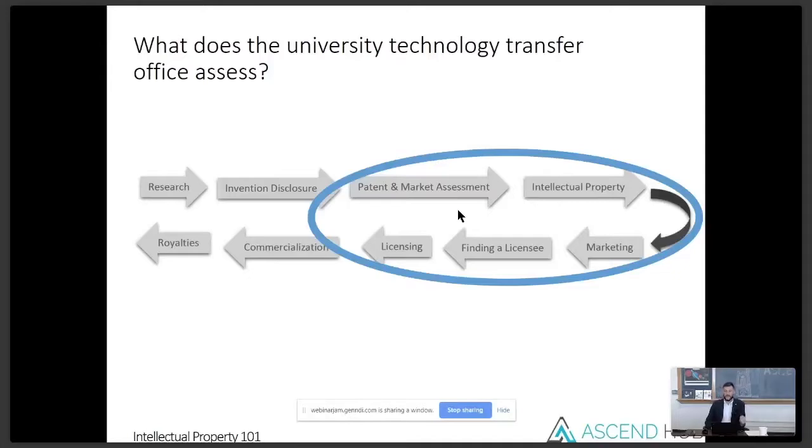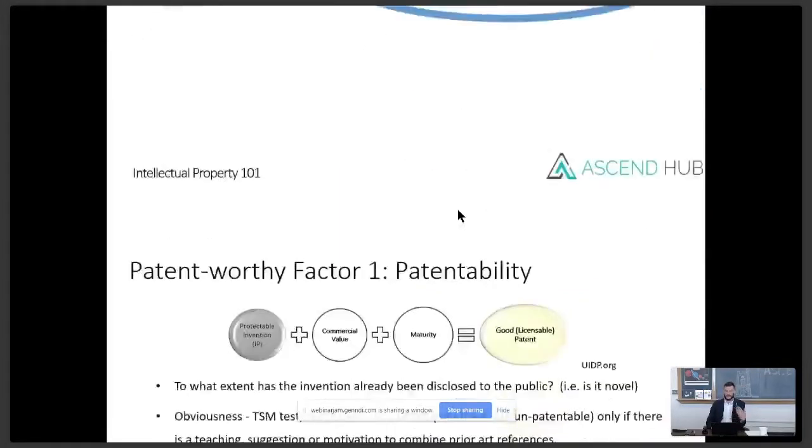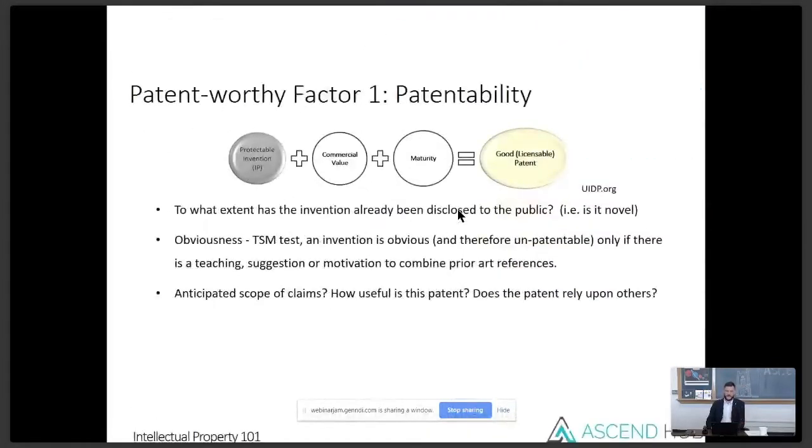We will be assessing the patentability and marketability of an invention. We'll be protecting intellectual property by registering it in some of the ways that I've described, market it, find a license, and execute on a license.